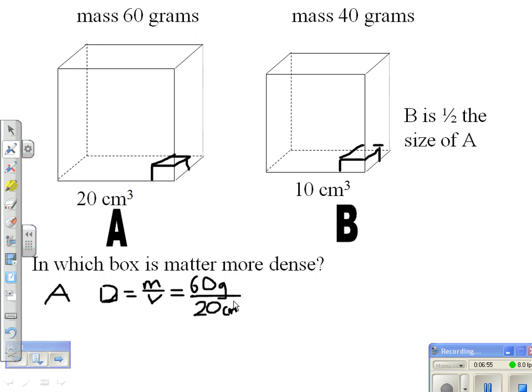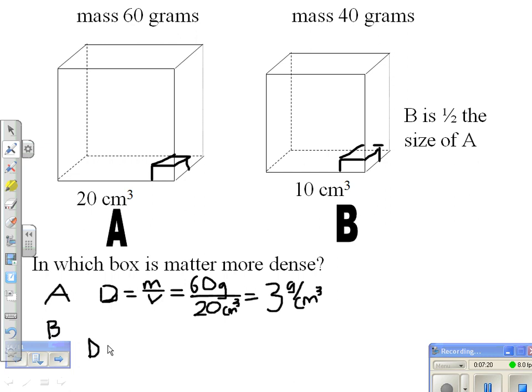I don't even need a calculator for this one. 60 divided by 20 is the same as 6 divided by 2. So box A, the density is 3 grams per cubic centimeter. So if I were to cut my box, so I'd have a 1 cubic centimeter sample, it would weigh 3 grams.